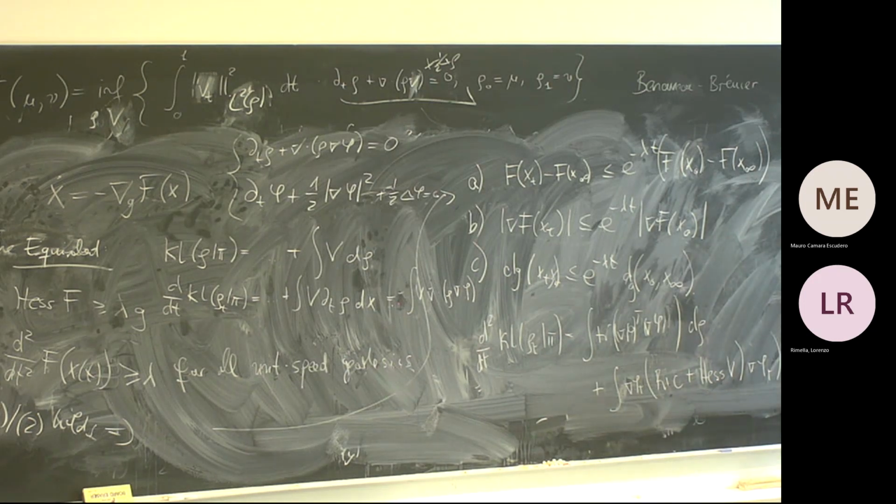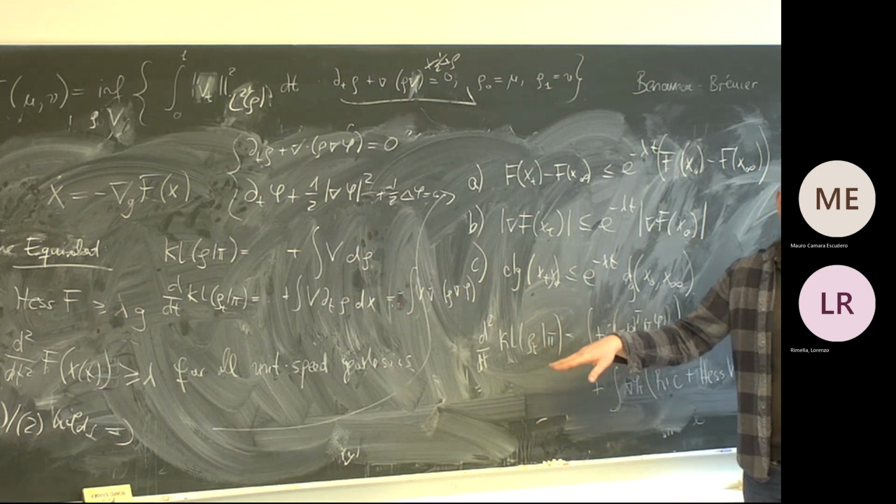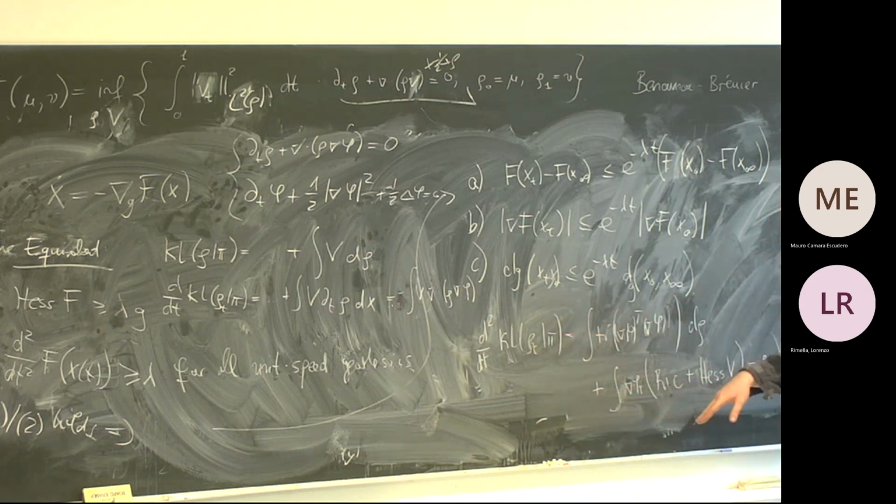I tried to do this for this Stein thing, and somehow the expression is difficult. So what I did is I replaced, since you should do this for all rho, I just plugged in pi for rho. So this means I compute just the curvature locally, right? And this gives something.